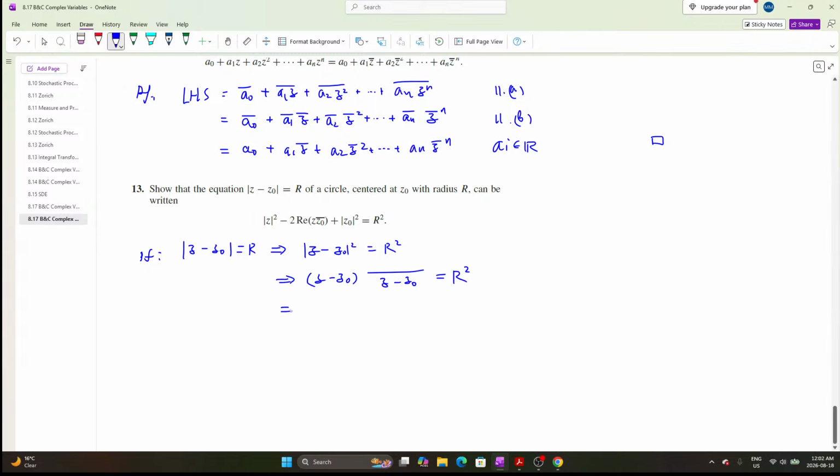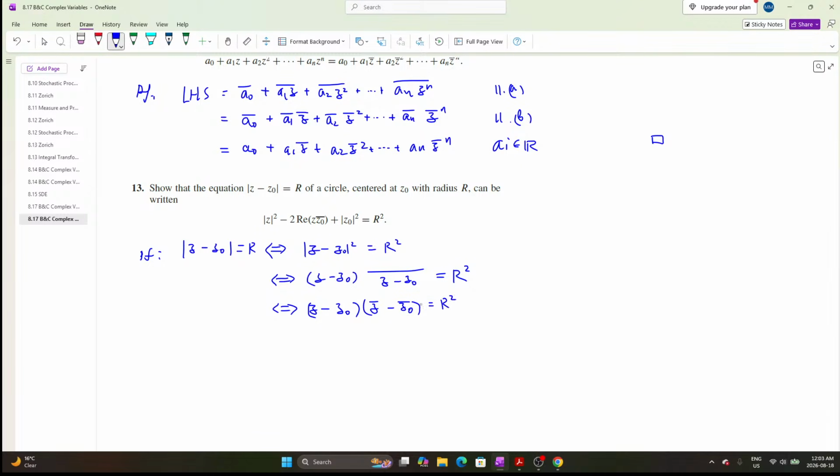Okay, keep expanding that. By the way, these are all equivalent. Z minus z naught times z bar minus z naught bar, which equals r squared.